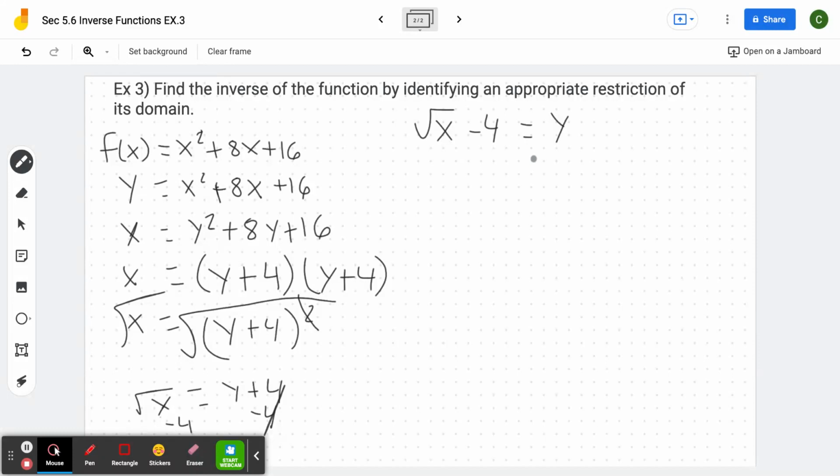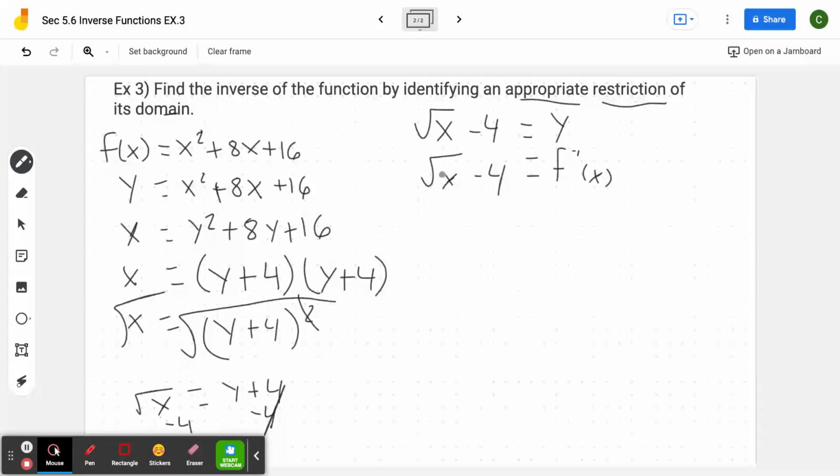And instead of having y, I can now go ahead and substitute y with f inverse of x, the inverse of x, equals the square root of x minus 4. So it's asking you for the appropriate restriction of the domain of our inverse function.